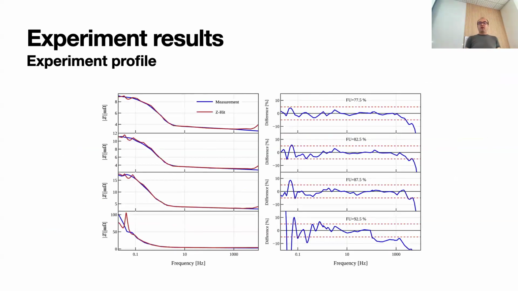Okay, here are the fuel utilization numbers, from 77 to 92%. For every EIS curve that we have, we first did a Kramers-Kronig test. This is where we realized that we have a problem with the data acquisition, and everything above 1 kilohertz was problematic because of the data acquisition.